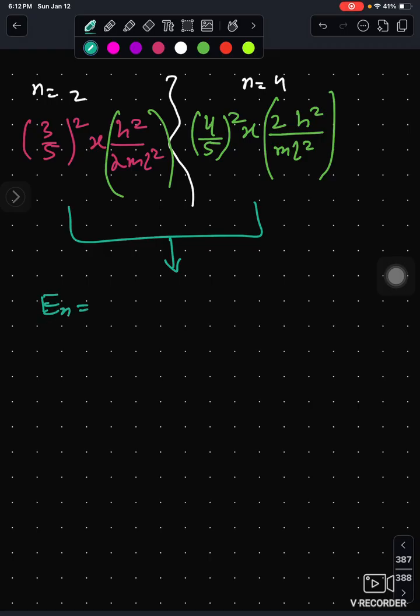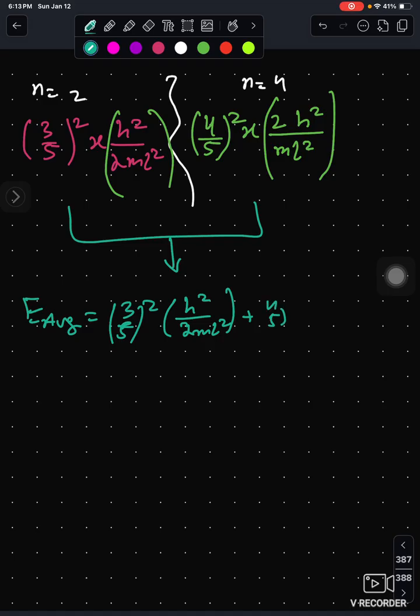The probability, of course, and the expected energy, or average, is (3/5) squared times h squared over 2ml squared, plus (4/5) squared times 2h squared over ml squared, divided by, I'm not sure about the 2, but this is how it should go.